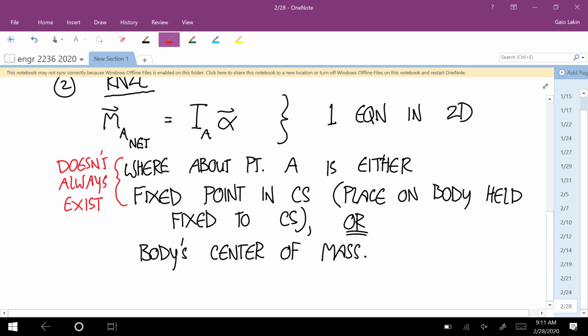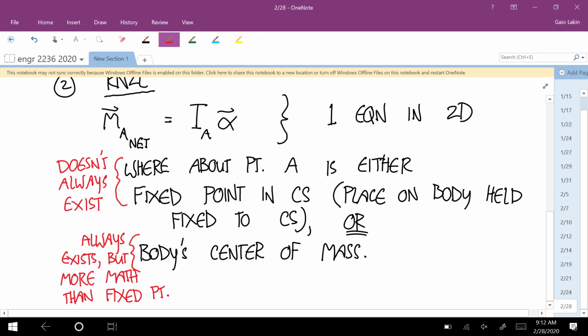The center of mass always does exist, so you could just always put the about point at the center of mass, but there's more math involved when your about point is the center of mass. So this always exists, but it requires doing more math than if your about point is at a fixed point.